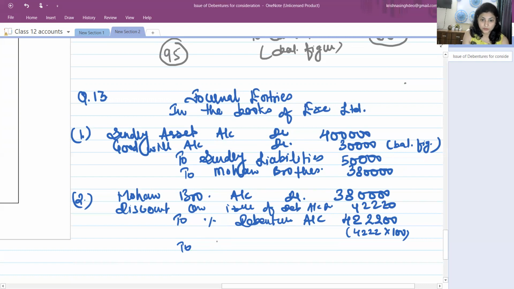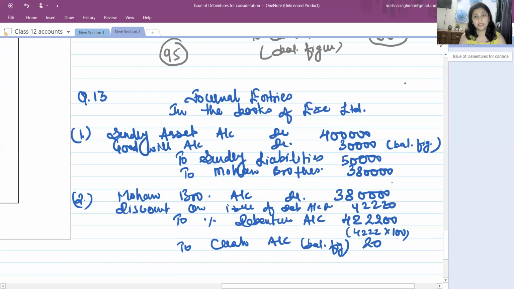So this amount will be written over here as cash. How does this balance come? This figure is a balancing figure. We have deducted the credit amounts from the debit. Because we issued debentures in whole numbers, a lesser amount was issued.